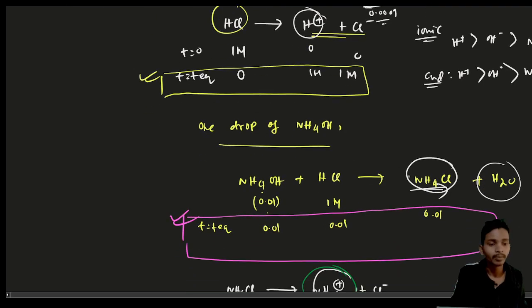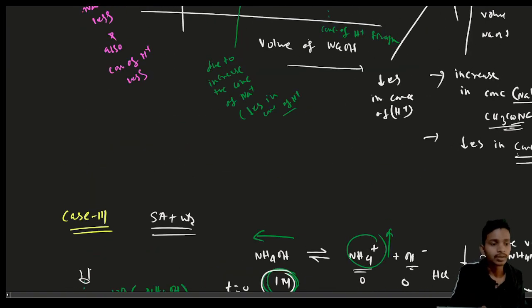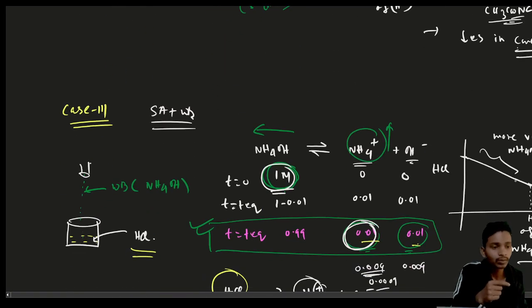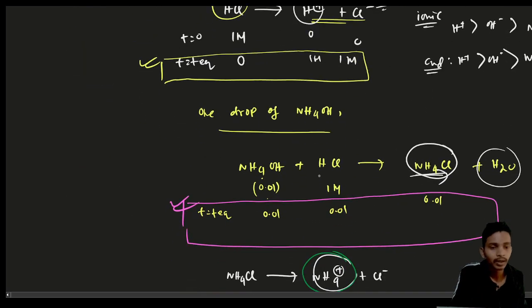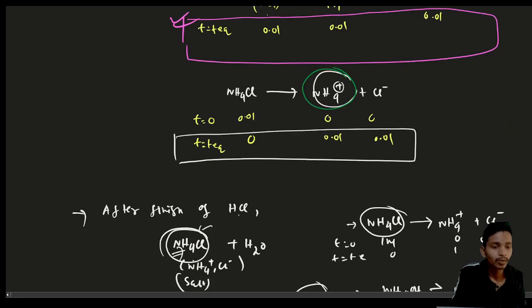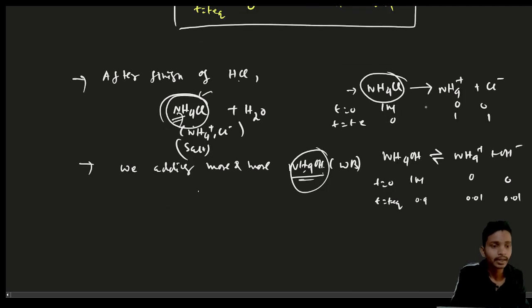So if more NH4OH is added, then for more HCl, as we discussed here, more volume of NH4OH is needed to decrease the concentration of H+, so it decreases. So at the time when HCl is finished and fully over, more NH4Cl is synthesized. Since more NH4Cl is synthesized, this value is very high, and if this value is very high, then it affects this, because here the common ion effect is there.